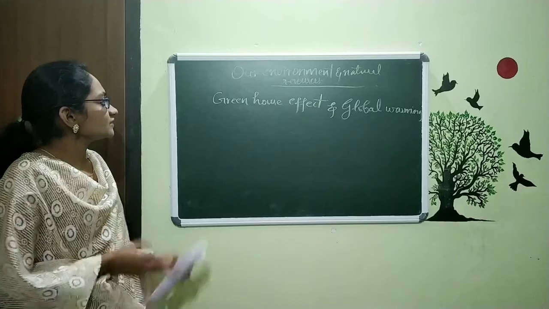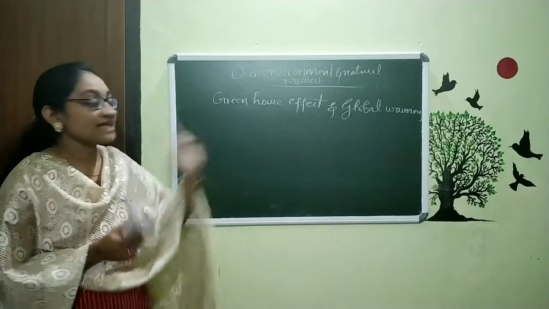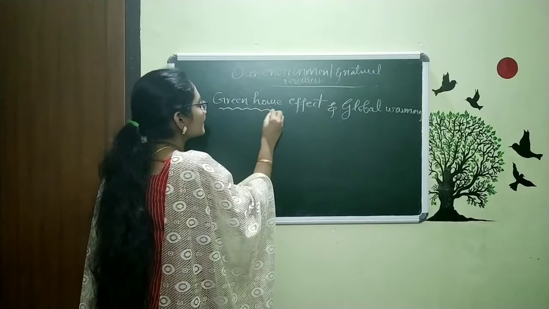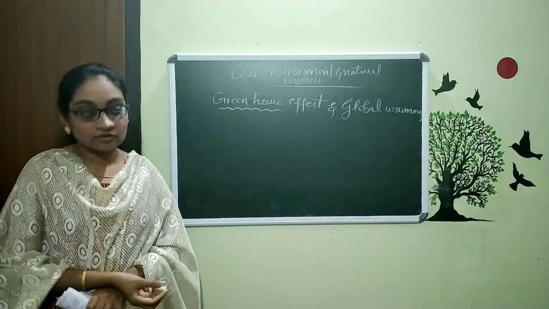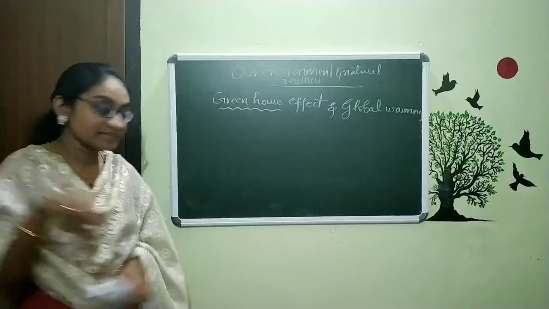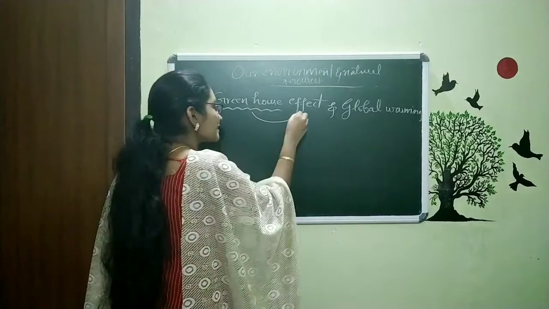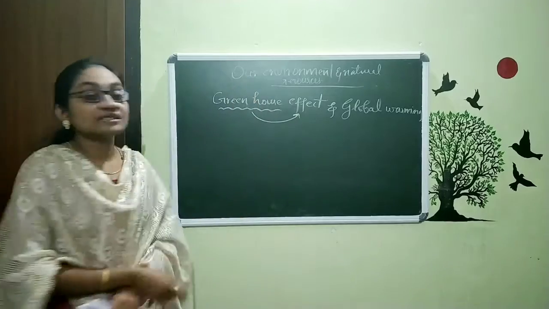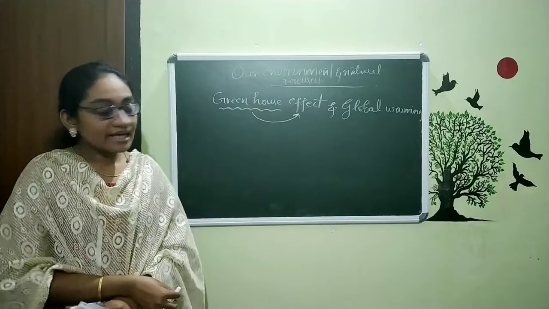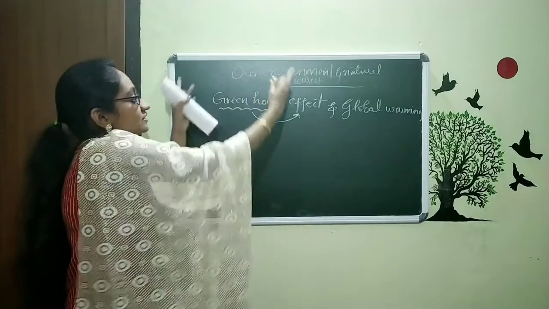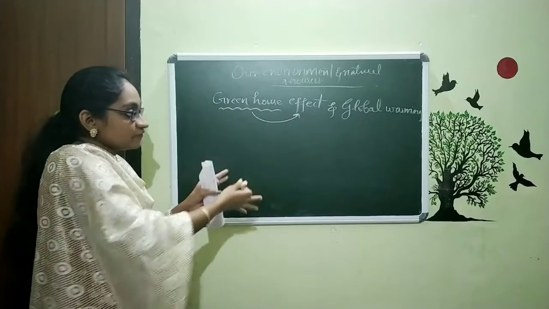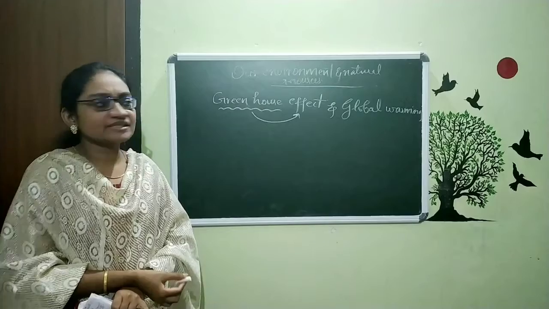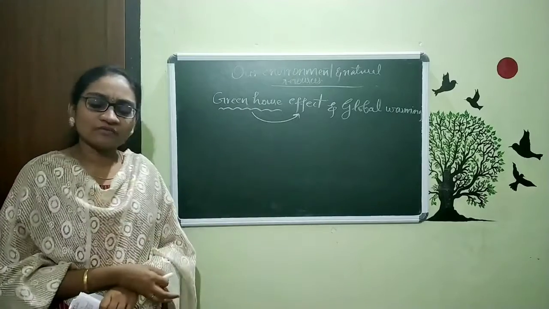Here you can see greenhouse effect. First we want to study what a greenhouse is, and then what the greenhouse effect is. It is a type of effect in a greenhouse, and for this greenhouse effect there is an after effect, which is global warming.